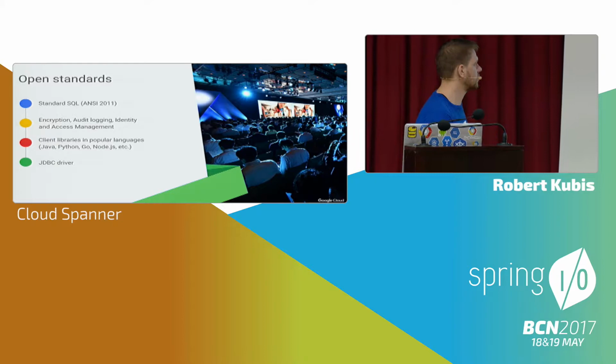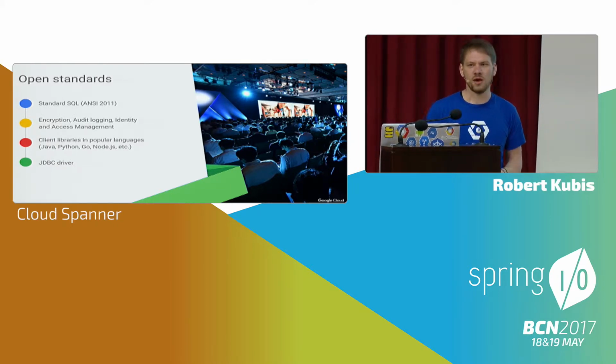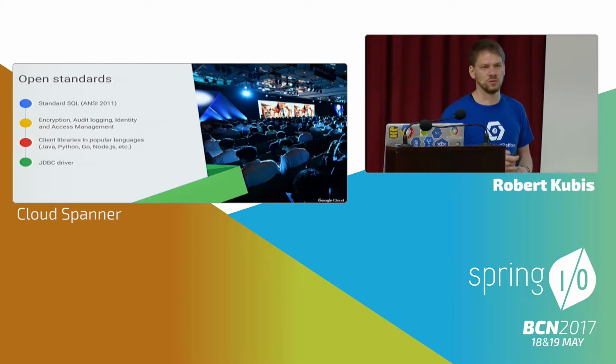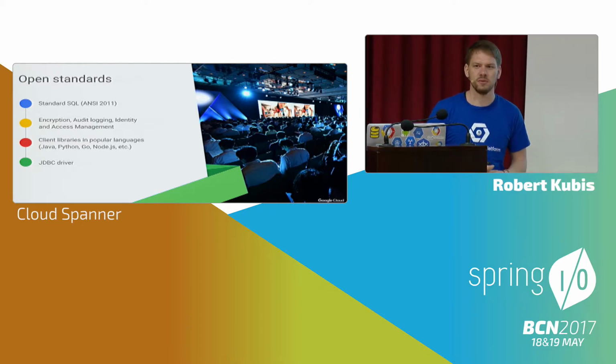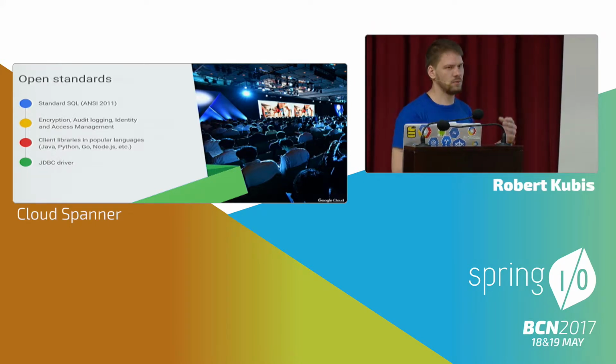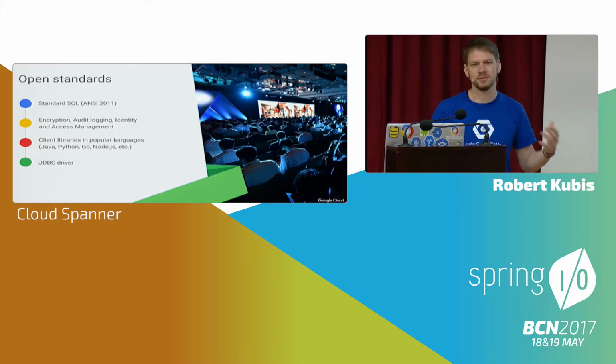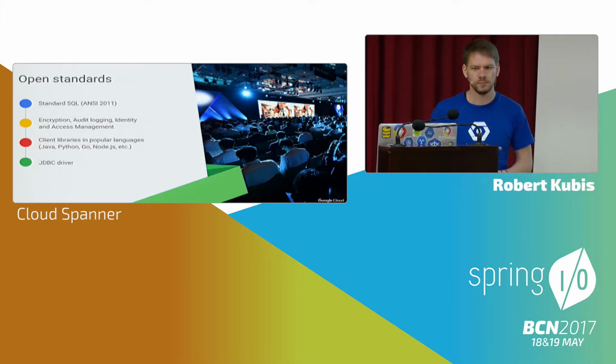So we have right now Java, Python, Go, Node.js, and more are coming. You have a REST API that you can use, or gRPC if you want to build your own libraries. And we initially made a JDBC driver available, but this one is read-only currently.